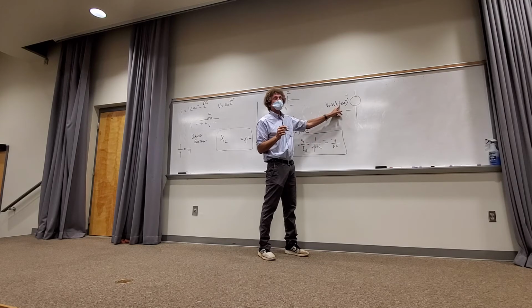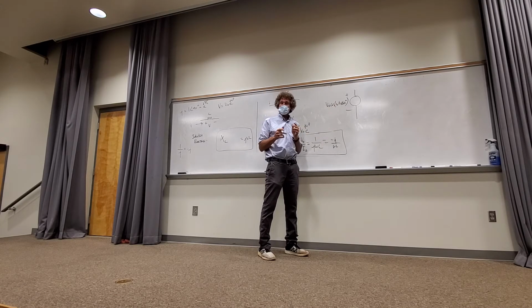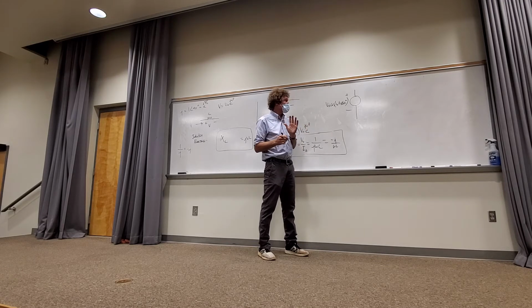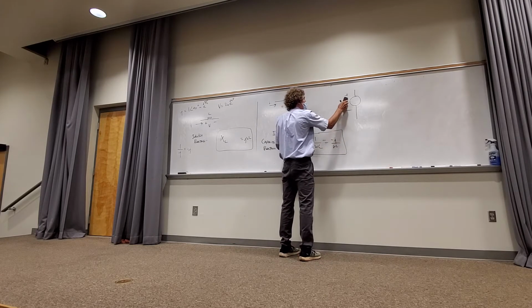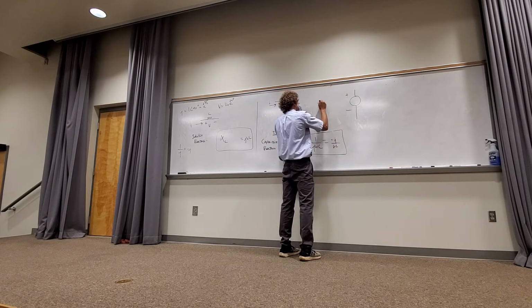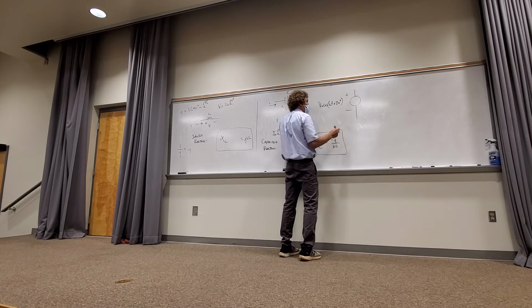Omega is radians per second times t in seconds would be radians. You can't mix radians and degrees. Really, this should be pi over 6. But in the book, he puts 30 degrees because we're going to reduce this to something where it's just magnitude at angle. So that's the voltage. Let me try to make that a little clearer and bigger. All right, that's the voltage.